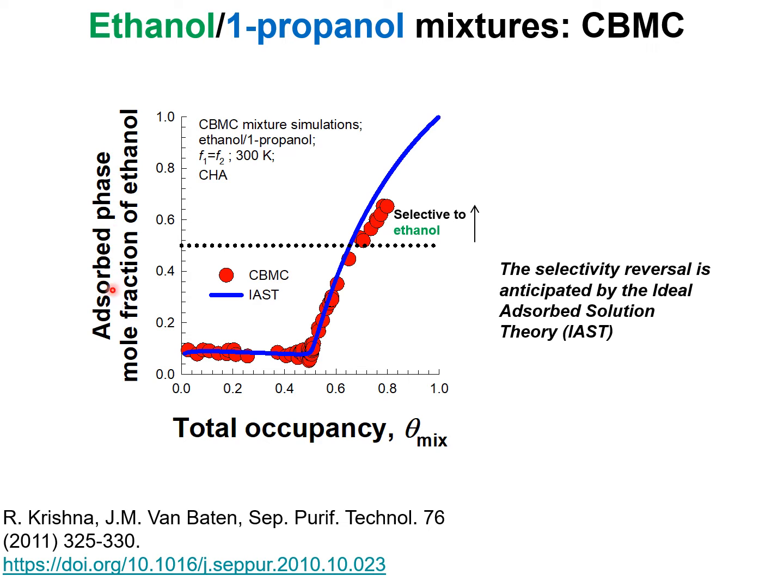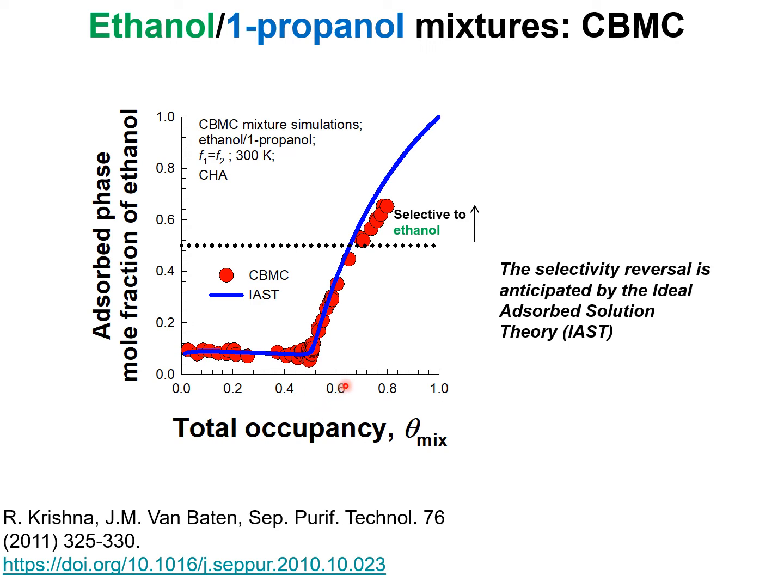The adsorbed phase mole fraction of ethanol on the y-axis and the total occupancy within the pores on the x-axis. 1-propanol, being a longer alcohol, is much more strongly adsorbed. The Henry constant for 1-propanol is 200 times higher than that of ethanol. And at low pore occupancy, say below 0.5, the mixture adsorption is strongly in favor of 1-propanol.